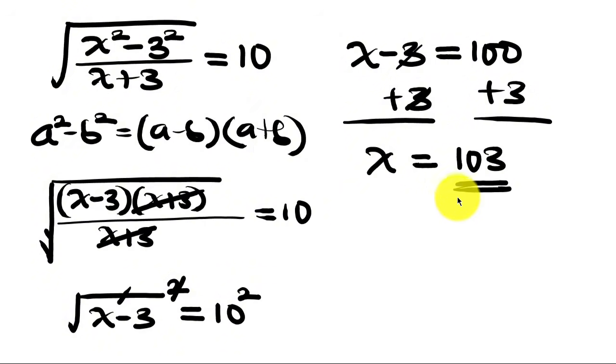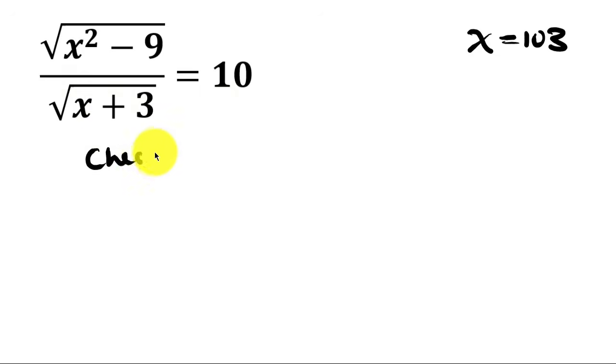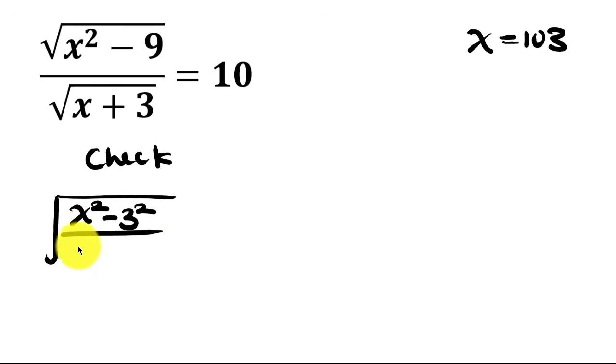Let's check that out. So let's check. Now on checking, remember we can write this expression as the square root of x squared minus, this is a perfect square, which is 3 squared, all over the denominator, which is x plus 3. Now we're checking to see if we're going to be having 10 as a result.